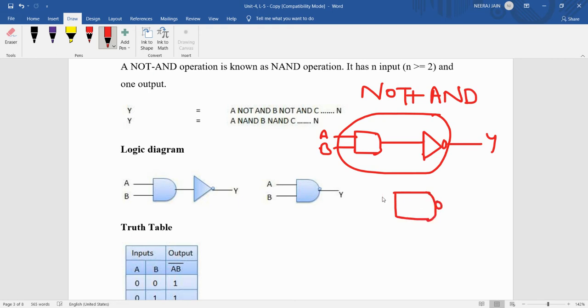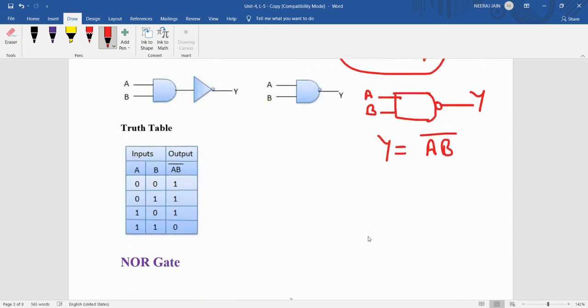It can be represented like A and B, then the output will be Y. So Y is equal to, in the case of the NAND operation, A B whole bar, that is the Y.